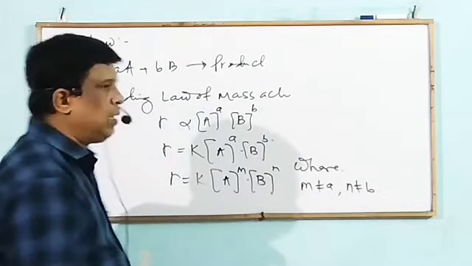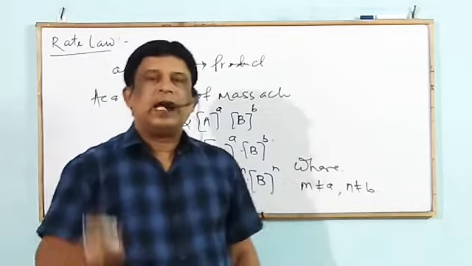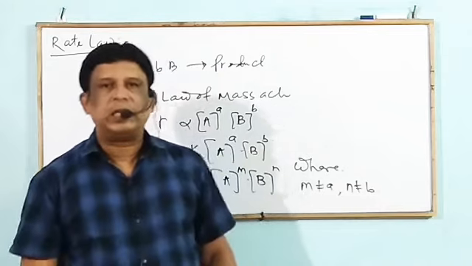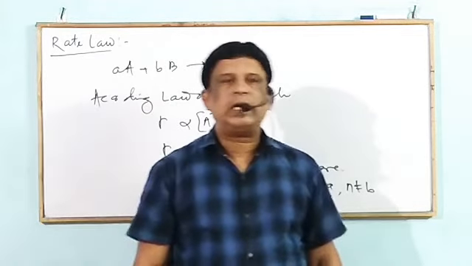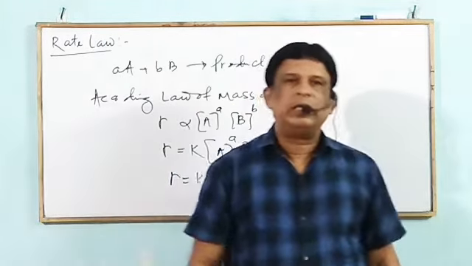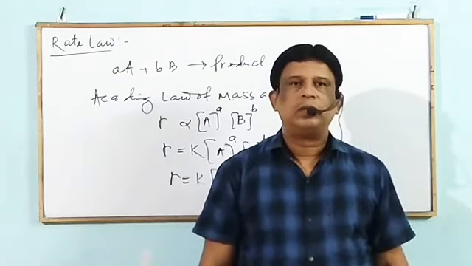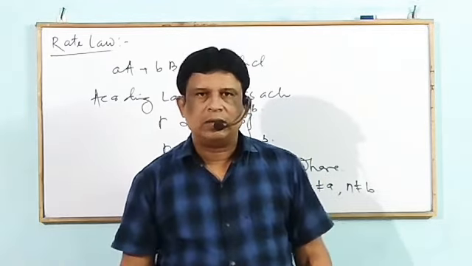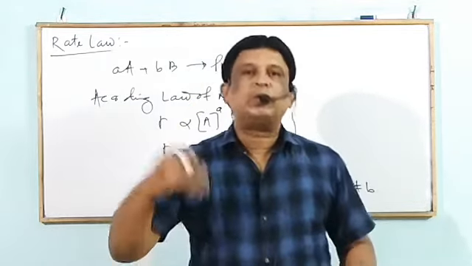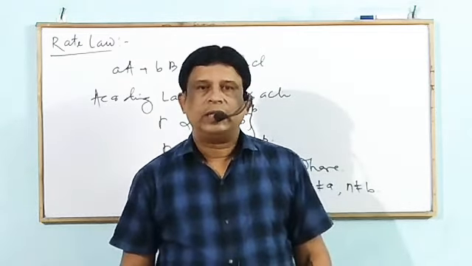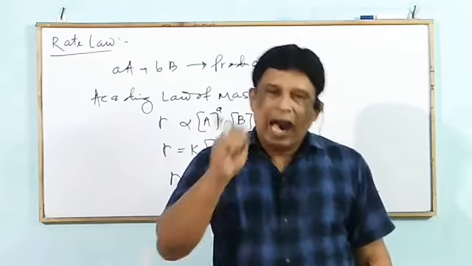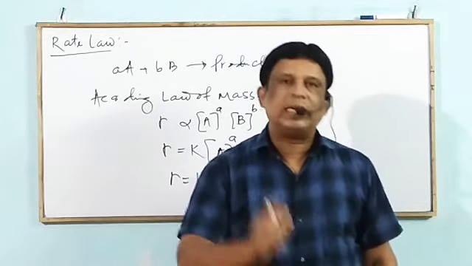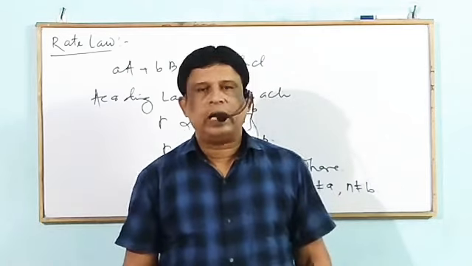So, what is a rate law? I repeat again, it is the experimentally observed dependence of the rate on the molar concentration of reactant. This law states that the rate of a reaction is directly proportional to the product of the molar concentration of reactant species, and each term is raised to the power equal to the actual number of reactant species whose concentration changes during the rate of reaction.